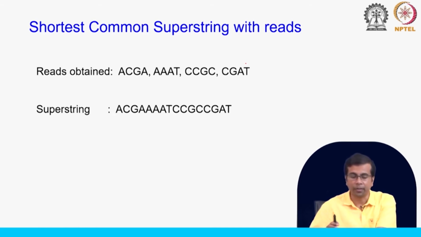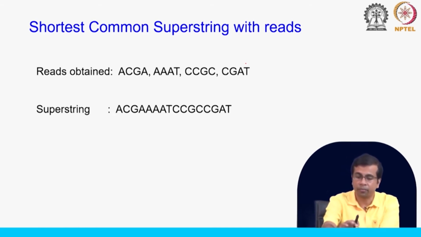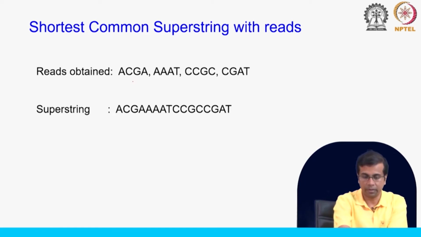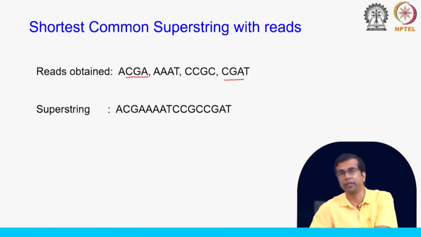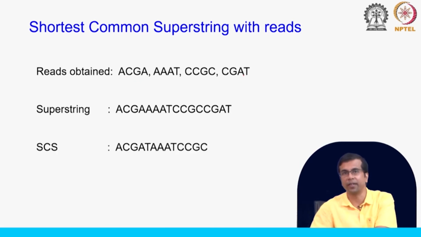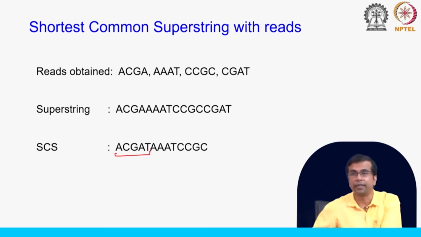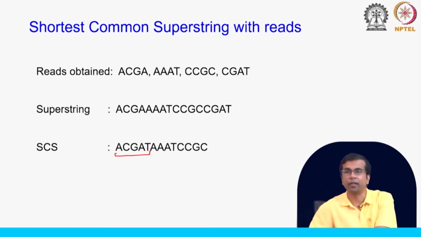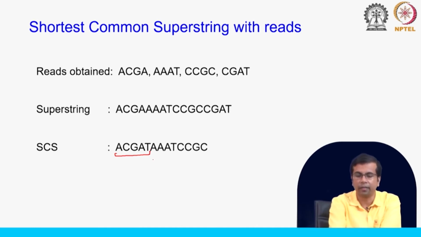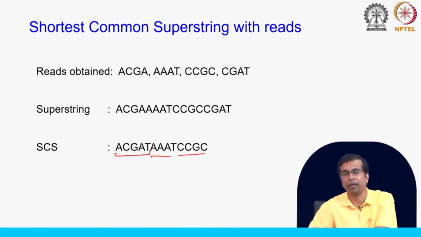It's a bit tricky now. One thing is that this part, CG, is common between these two reads, and perhaps you can have ACGAT that will contain both these reads. And for the other two reads you have to have separate fragments, because they are unique.